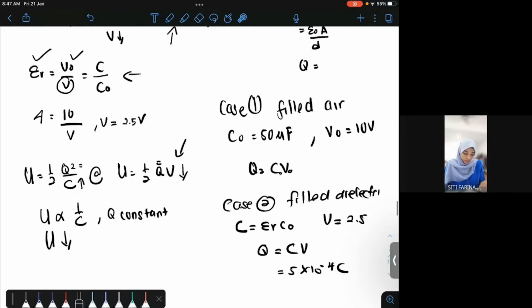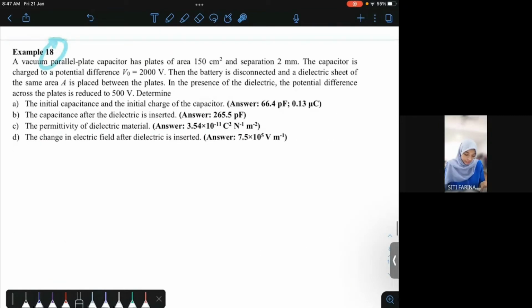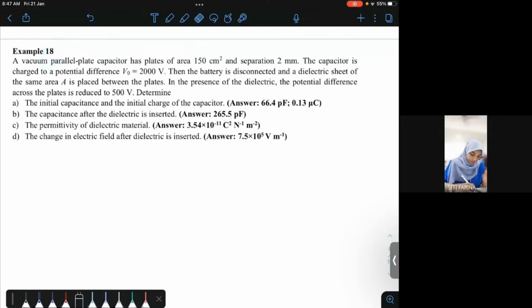Next, we're going to look at example 18. What we have here is vacuum parallel plate capacitor has area of 150 centimeter and separation of 2 millimeter. So dia bagi area dan juga jarak antara plate. Bila kata separation of 2 millimeter, separation between siapa?